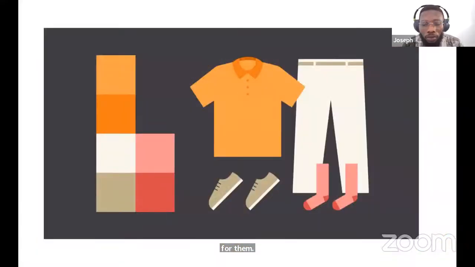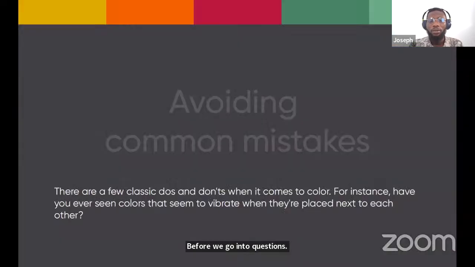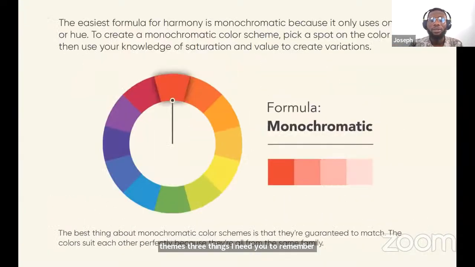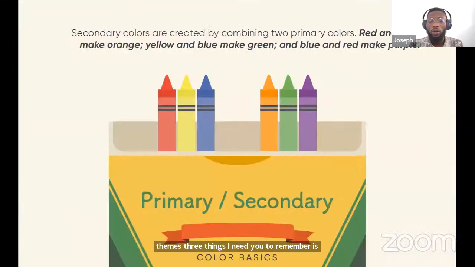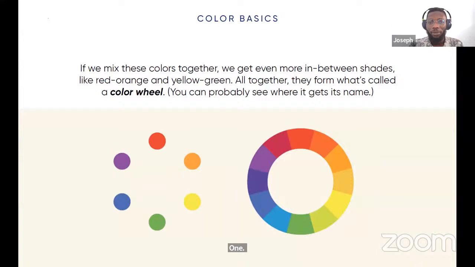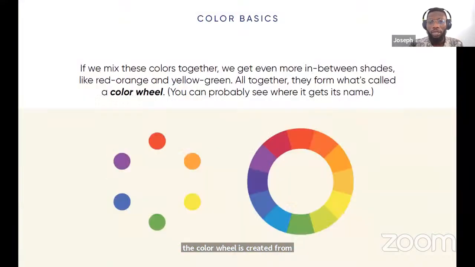Okay, so before we go into questions, three things I need you to remember is, one, the color wheel is created from the combination of the primary and secondary colors. That's where you get the color wheel.